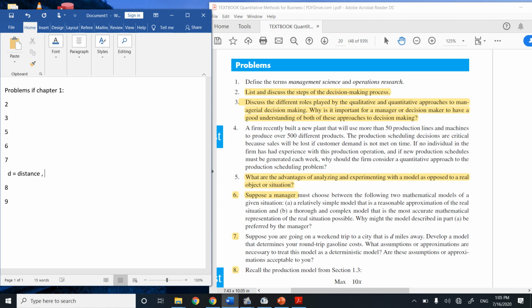Develop a model that determines your round trip gasoline cost. What assumptions or approximations are necessary to treat this model as a deterministic model? Are these assumptions and approximations acceptable to you?